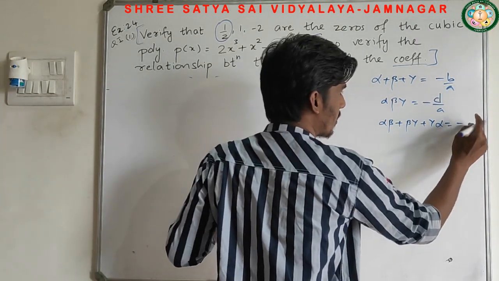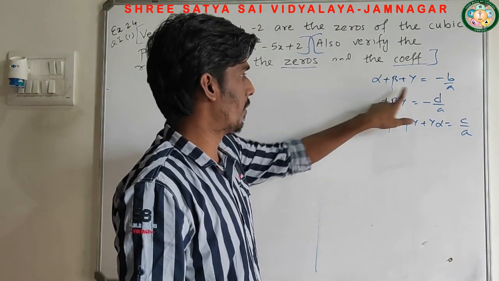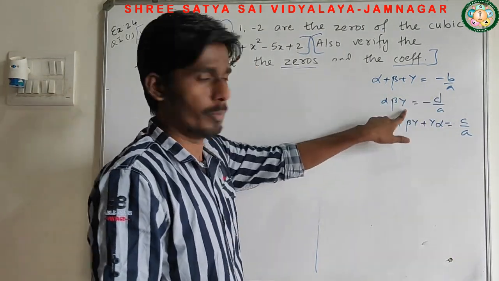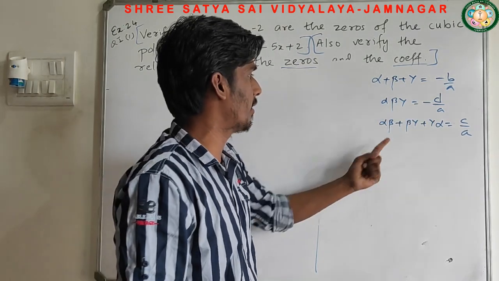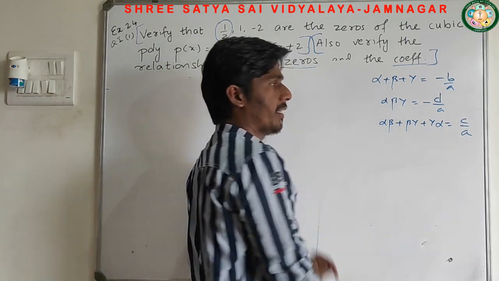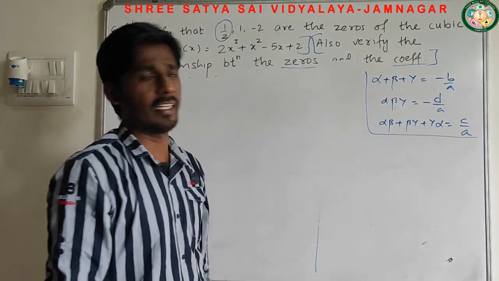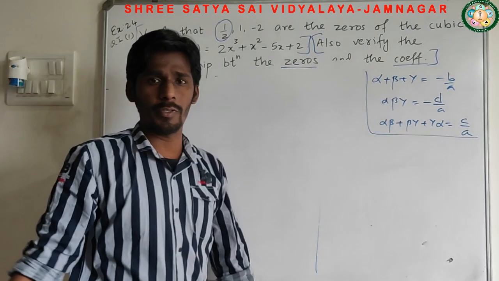This is c by a. So sum of zeros is minus b by a, product of zeros is minus d by a, and sum of product of two zeros at a time is c by a. We are going to use these three formulas to verify the relation between zeros and coefficients.